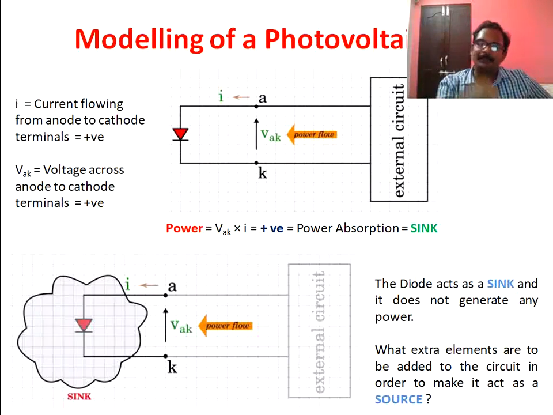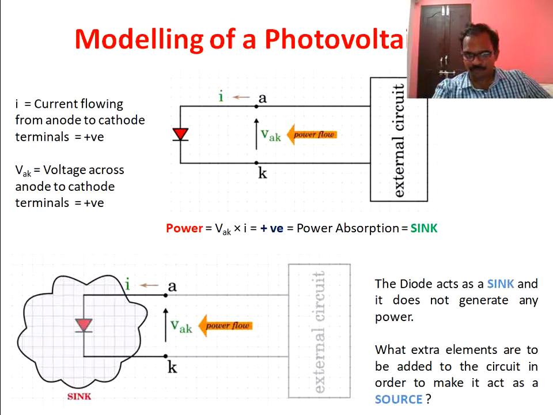Therefore, it will take the power. So we have connected an external circuit and power is given to the diode. The power flow is from the external circuit to the diode, and the voltage across the diode will be VAK, the voltage across the anode and cathode. The arrow head representing VAK represents positive polarity, and the arrow tail represents negative polarity.